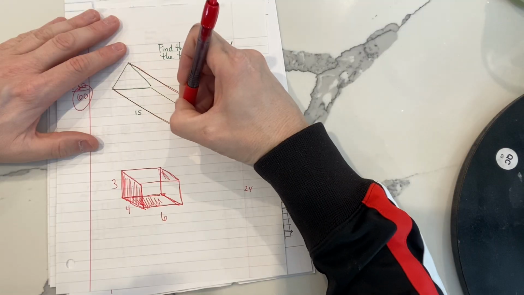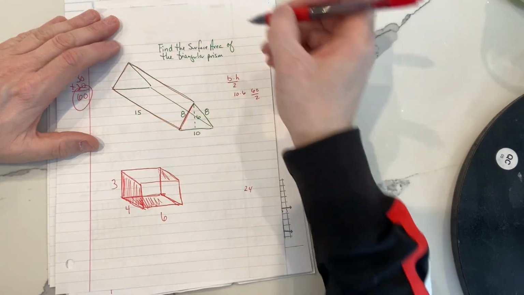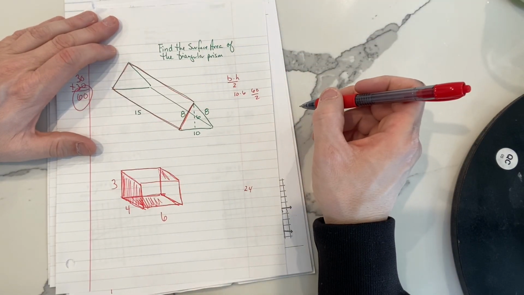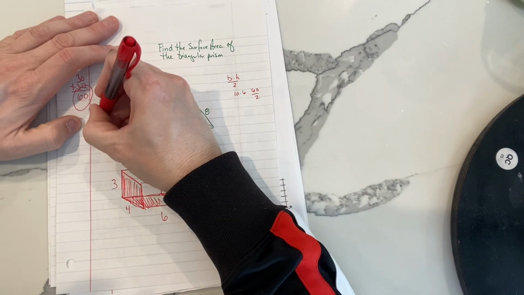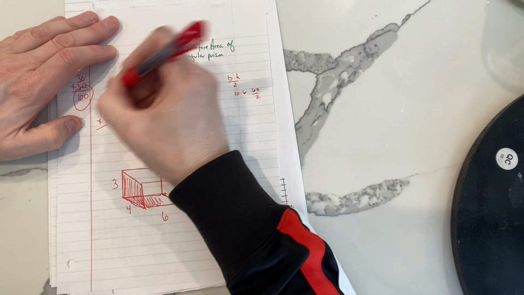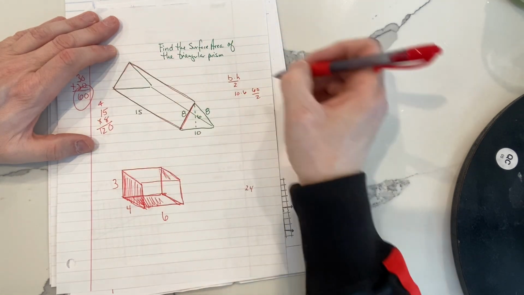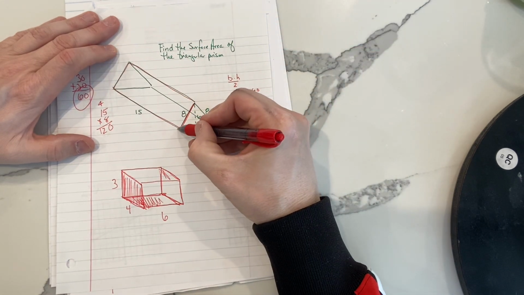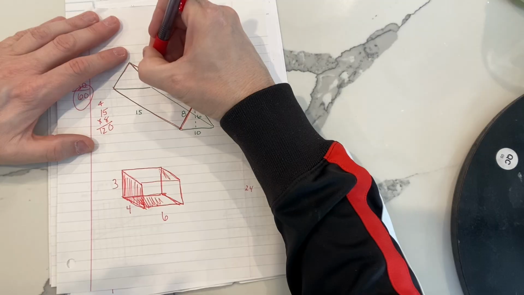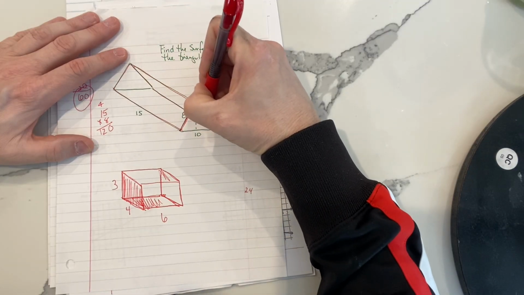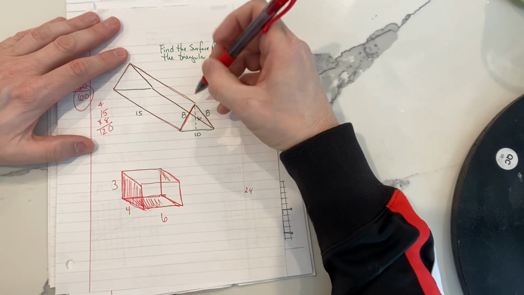It's an 8 by what? That's right. It's an 8 by 15. So 15 times 8, 5 times 8 is 40. Carry the 4 is 120. Well, if this piece is 120, then what is this piece? It mirrors it. That's right, it's 120.